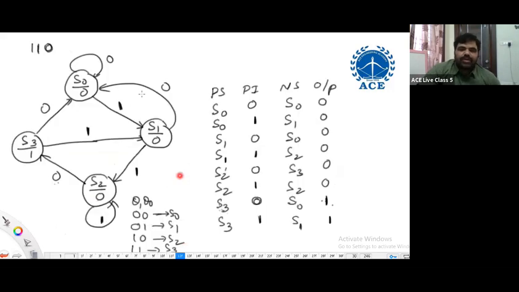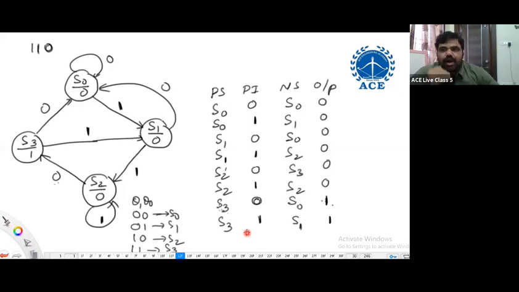So, how many states are there? Four states. To differentiate four states, how many flip-flops are required? Minimum, that is only two flip-flops. That is the reason to consider only Q1, Q0, two flip-flops. Why can't we use three flip-flops, if you are having such doubts? We go with the minimum number of flip-flops only. You can design with three or four or whatever, not a problem.